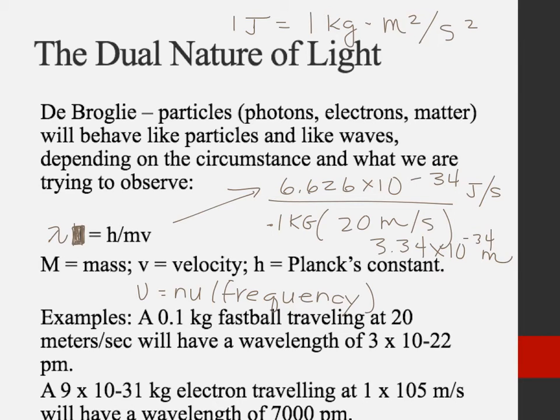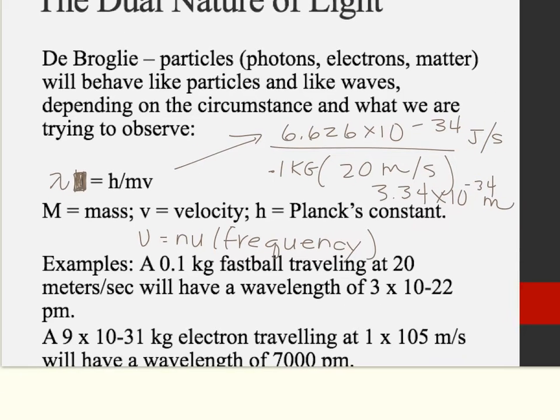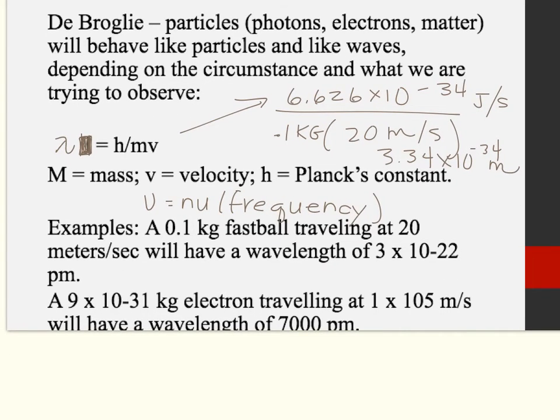Another example is a 9 times 10 to the minus 31 kilogram electron traveling at 1 times 10 to the 5th meters per second will have a wavelength of 7,000 picometers. So I'm going to do the same thing, same equation.